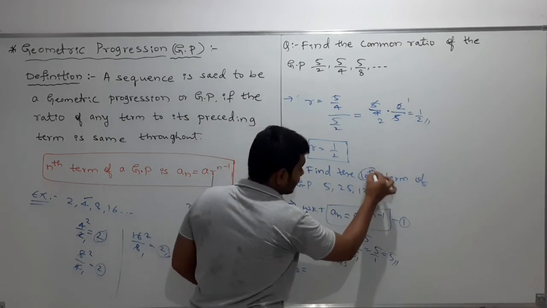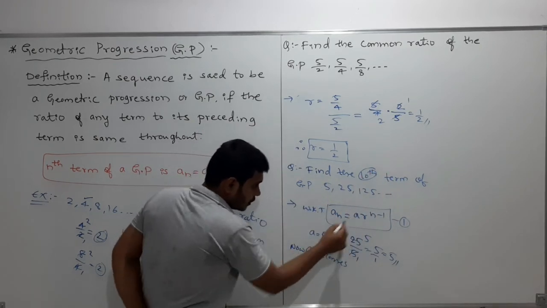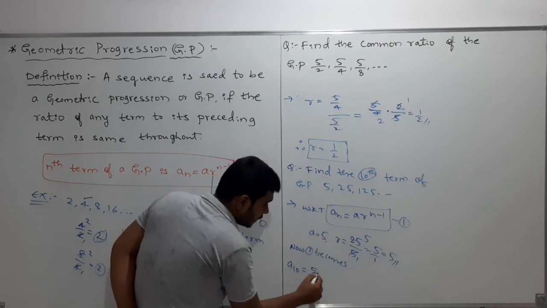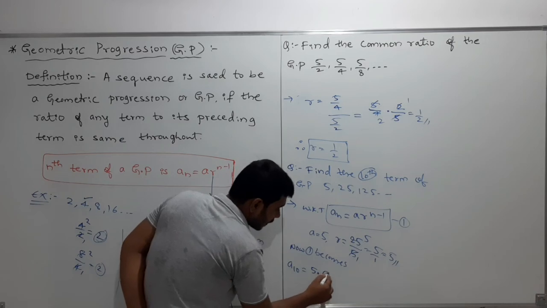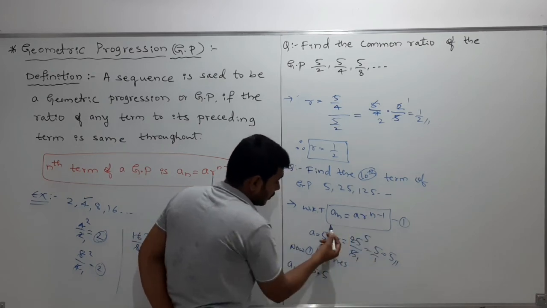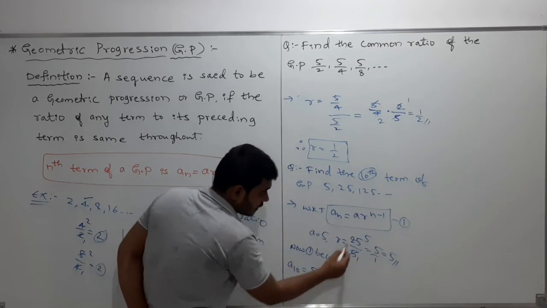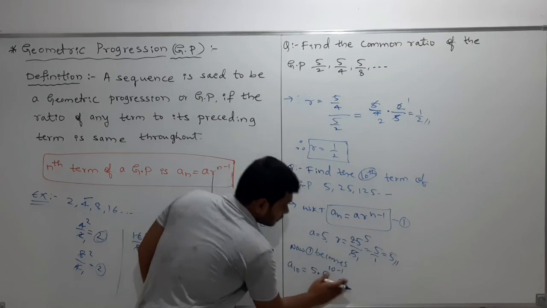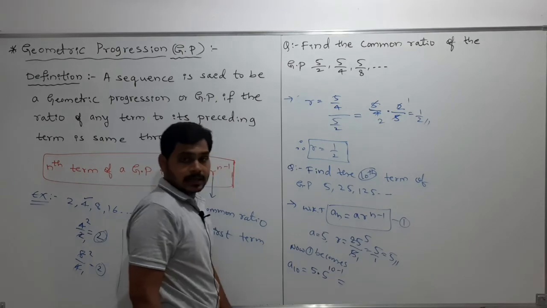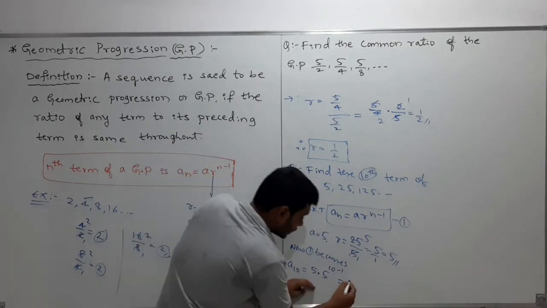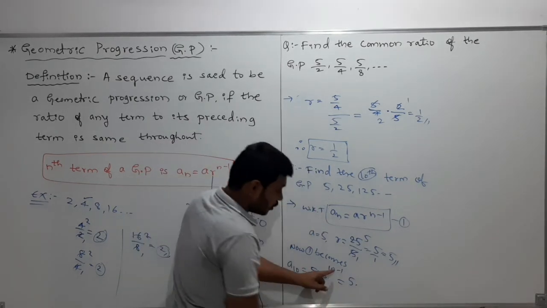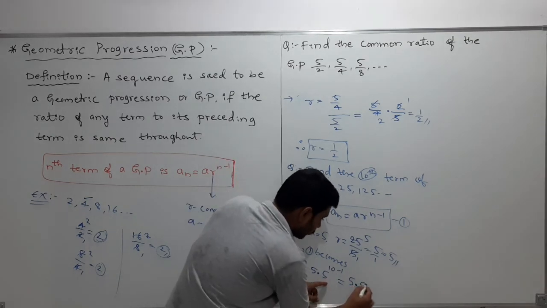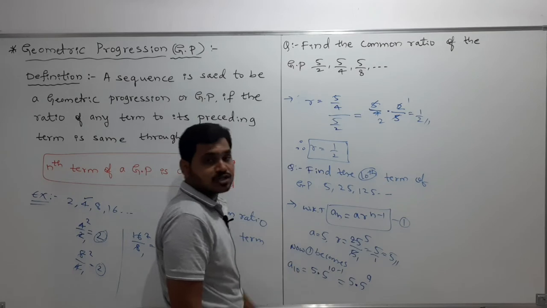We require the 10th term. a10 is equal to, by the formula, a means 5, into r means 5, to the power n minus 1. So 5 to the power 10 minus 1. I hope you understood. So this is 5 into 5 to the power 10 minus 1, so 5 into 5 to the power 9, since 10 minus 1 is 9.